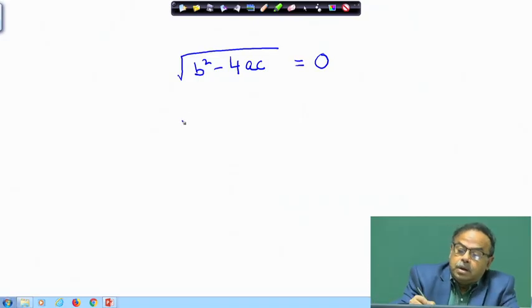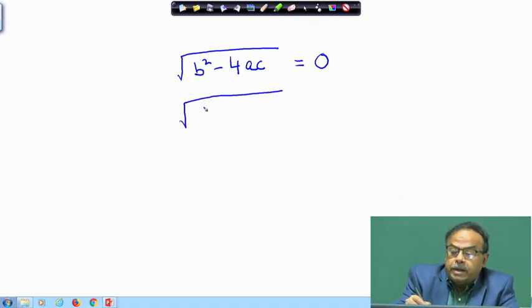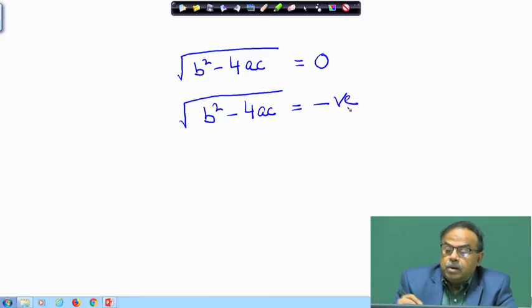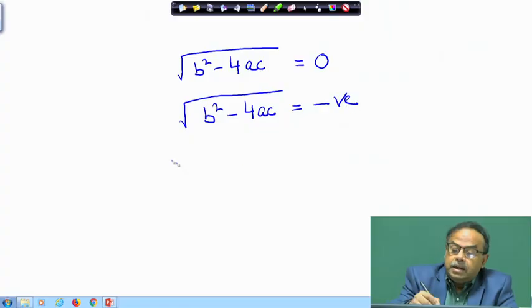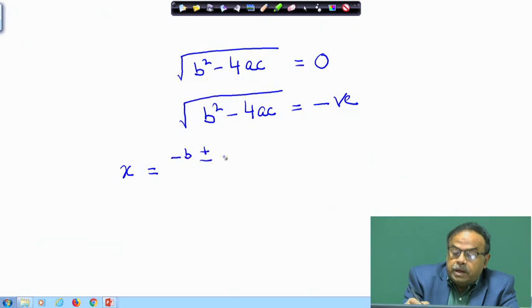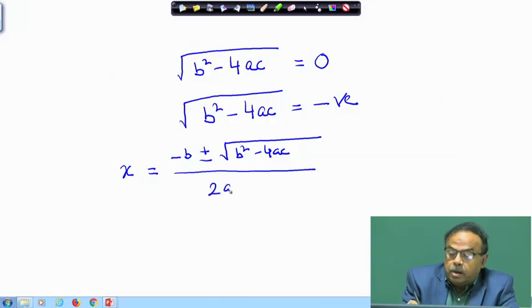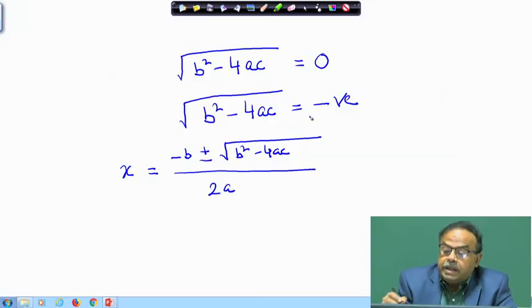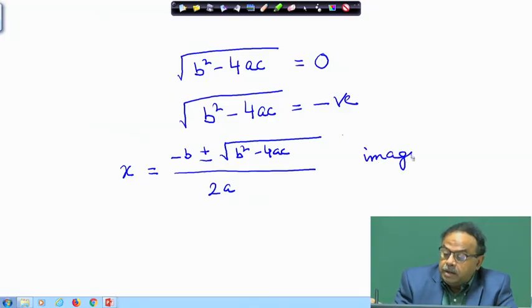If b square minus 4ac is negative, we know that our roots, which are minus b plus minus root over b square minus 4ac by 2a, will be imaginary.